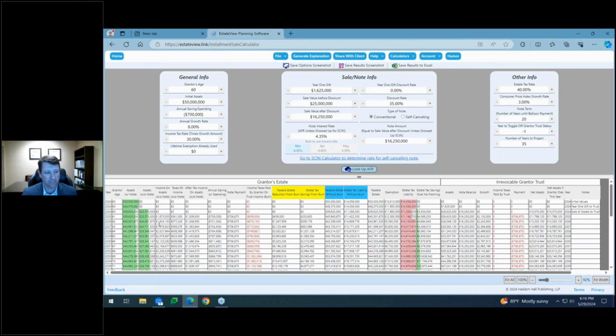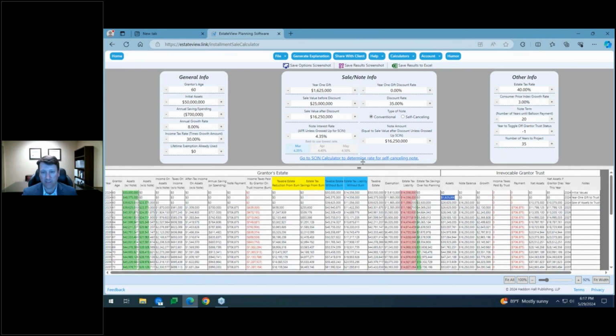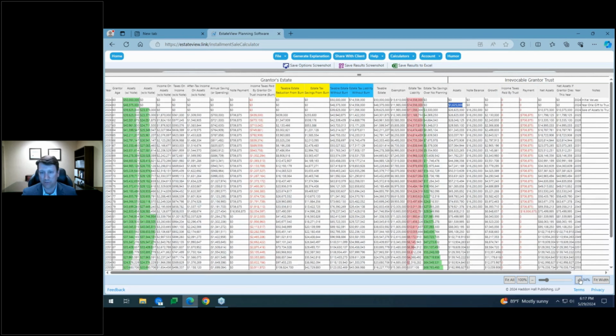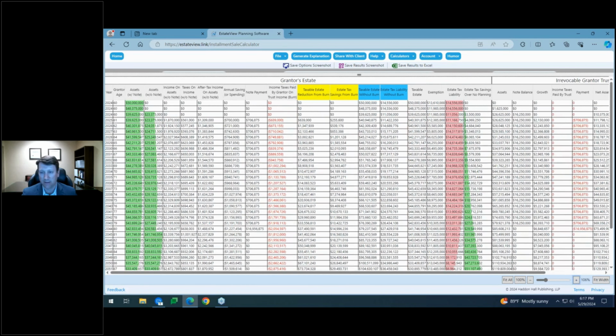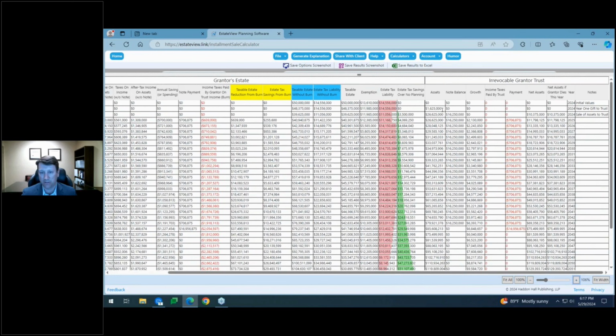So in year one, we have $50 million of assets, and still in year one, we make a seed capital gift to the trust of $1.625 million. You can see that highlighted there. Let me expand this and zoom in on the screen a little bit so everyone can see it. So we have the initial seed capital gift made to the trust here in year one, and also the sale of assets.